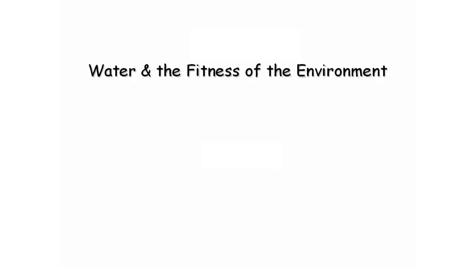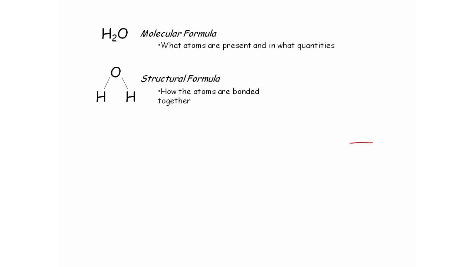So if we start discussing water, if we say the molecular formula of water, we would say H2O. And you've probably used that H2O term at some point in your life. Now what that molecular formula is really telling us is what atoms or elements are present in water and how many atoms we actually have of each one.